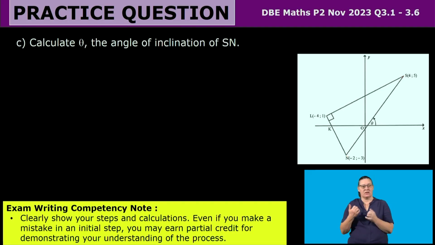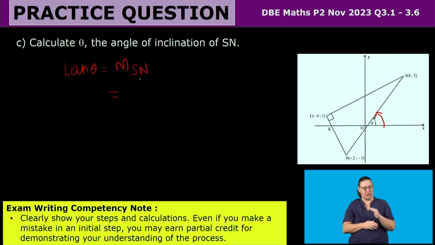Let's calculate theta, the angle of inclination of SN. Now remember, angle of inclination is the angle that the line makes in the direction of the positive x-axis. We measure it in an anti-clockwise direction. So as you can see, they've marked that off as theta. When we work out the angle of inclination, we need the gradient of the line. So we need the gradient of SN. So we say that tan of theta is equal to the gradient of SN.